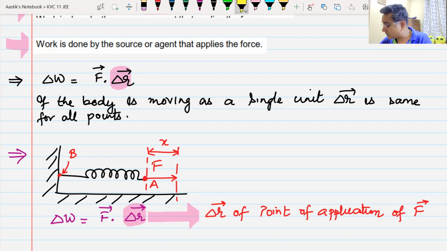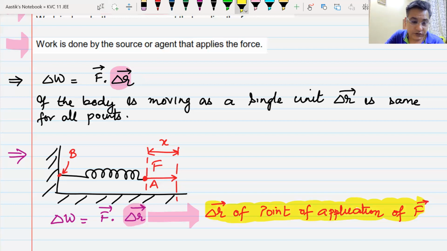So remember this concept. Now even this displacement is not exactly correct, because there could be a force where the work done, if you try to find it out with displacement, is going to come out wrong.